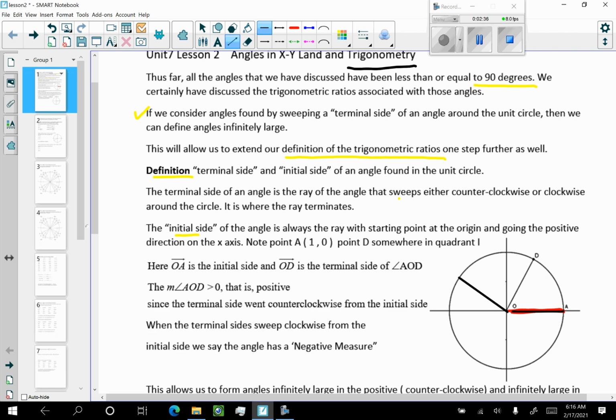I can sweep that guy wherever it terminates. That's called the terminal side of that angle. And now we have just created an angle, and we'll just let this be F, angle AOF. This angle AOF is larger than 90 degrees.